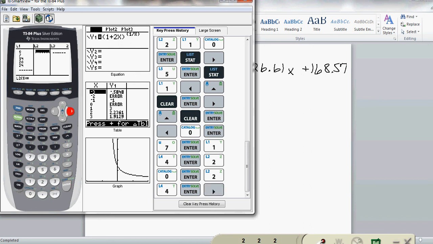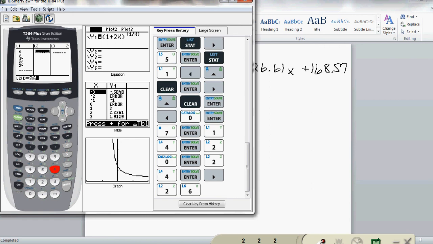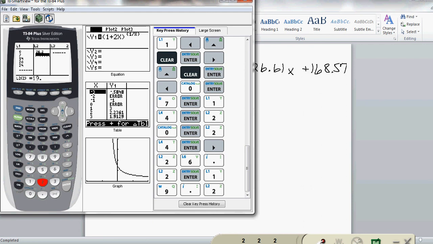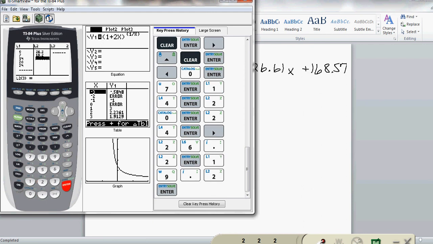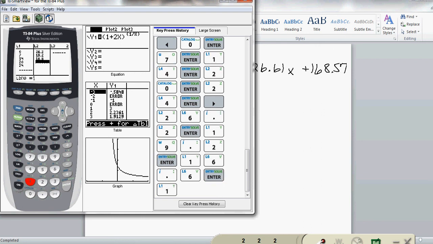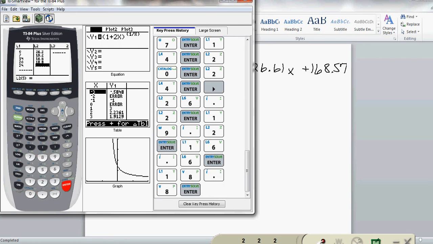But now what we do is we go to list 2 and put the appropriate values there. 26.2, 19.2, 16.6, 18.8, and 19.5.